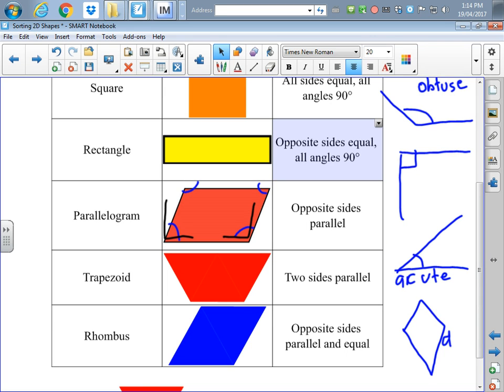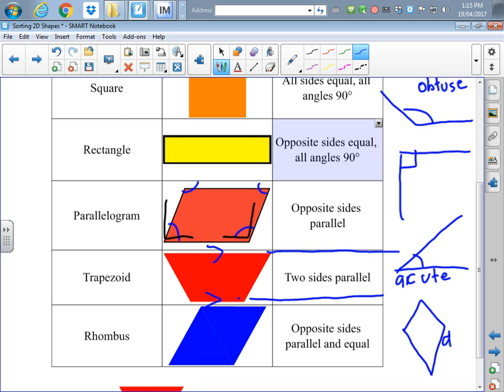This line is parallel to that line. They're the same distance apart and they never cross. If you extend this forever and ever, they're never going to cross. These lines, if you extend them forever, they do cross.